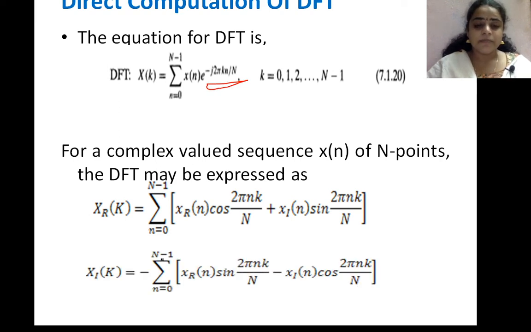At the same time, for the imaginary part, xi of k is equal to minus summation n equal to 0 to n minus 1 of xr of n into sin minus xi of n into cos. If you substitute those points here, xr of n plus j into xi of n into cos 2 pi kn by n minus j sin 2 pi kn by n, and you multiply those two terms and separate the real and imaginary parts, finally you will get these two equations.